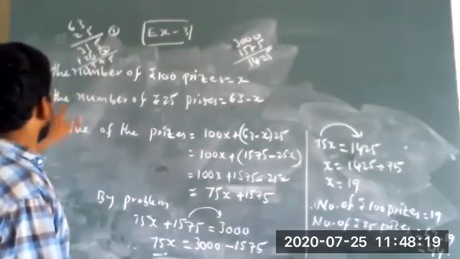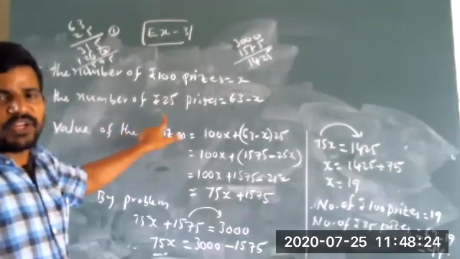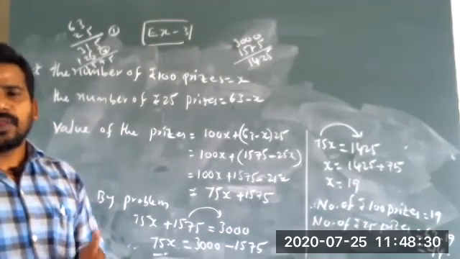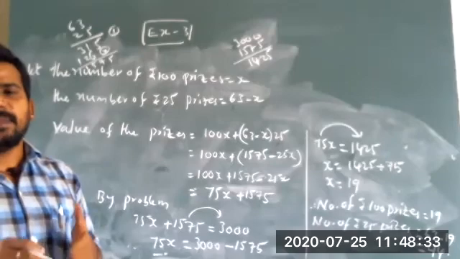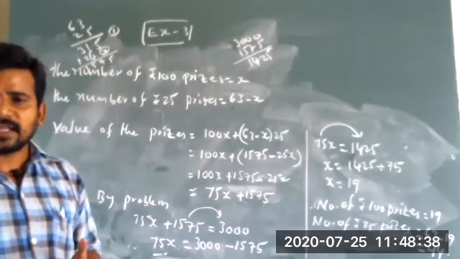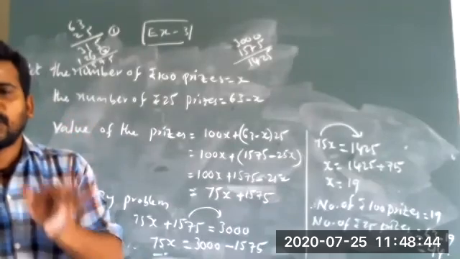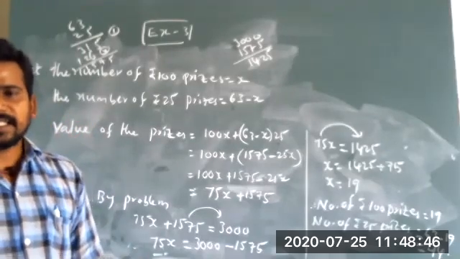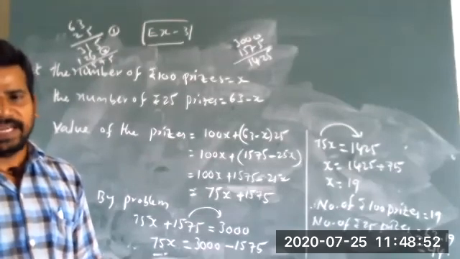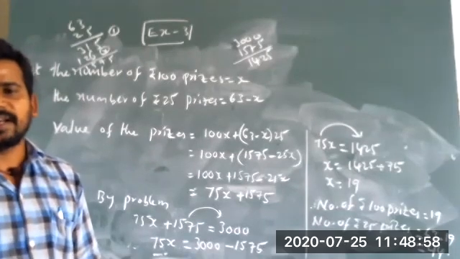Once again, children, the number of 100 rupees prizes is equal to x. The number of 25 rupees prizes is equal to 63 minus x. Value of the prizes equals 100x plus (63 minus x) of 25. Here we use the distributive property under subtraction: 63 into 25 is 1575 minus 25x. Now 100x minus 25x is 75x plus 1575.